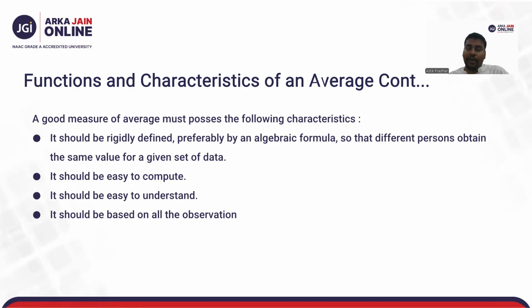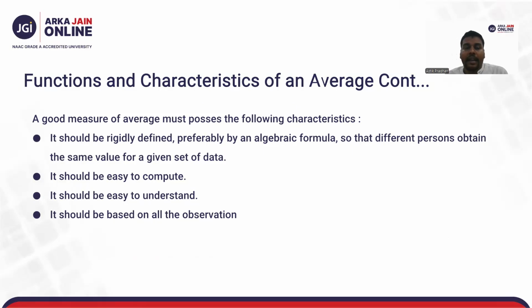I think the first point is that it should be defined perfectly by an algebraic formula, so that different persons obtain the same value for a given set of data. Okay, rigidly we can define. This is one of the important characteristics based on which we can say that it is an average.